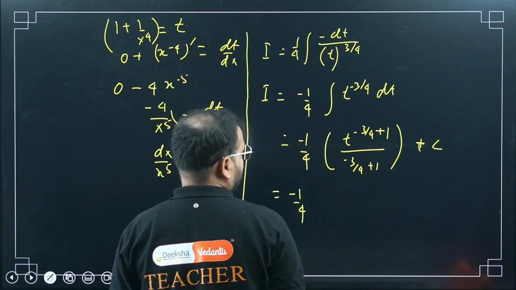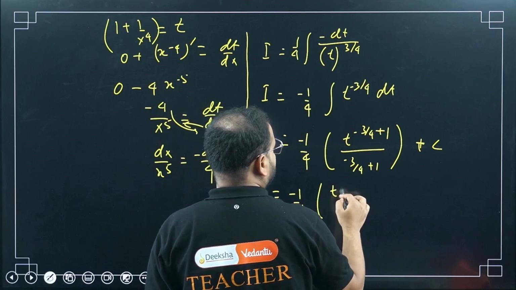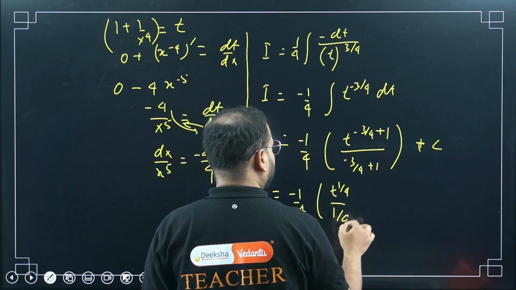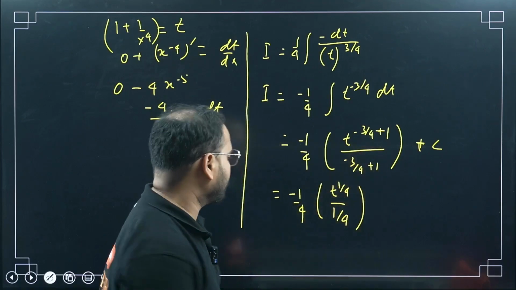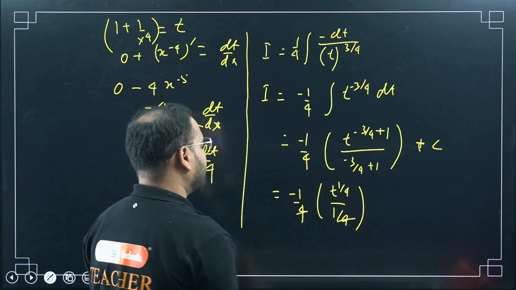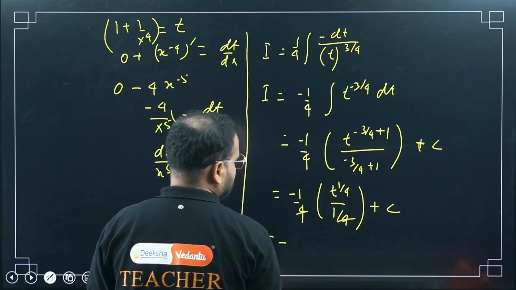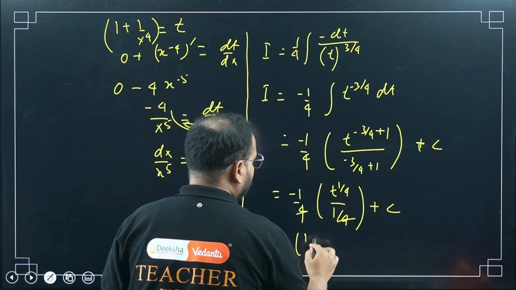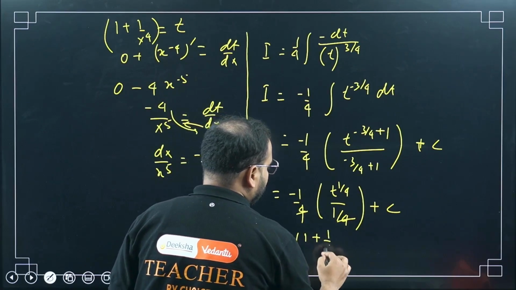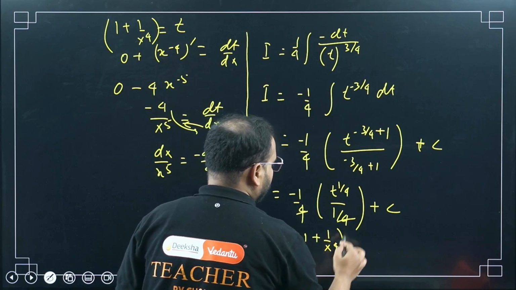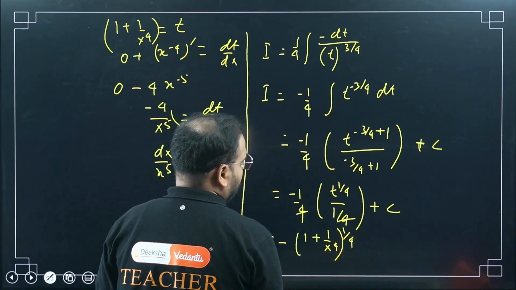Minus 1 by 4, t power 1 by 4 upon 1 by 4. Check: minus 3 by 4 plus 1 is 1 by 4. Cancel this 4 and 4. Plus c. In terms of x only, t is 1 plus 1 upon x power 4, the power 1 by 4, plus c.